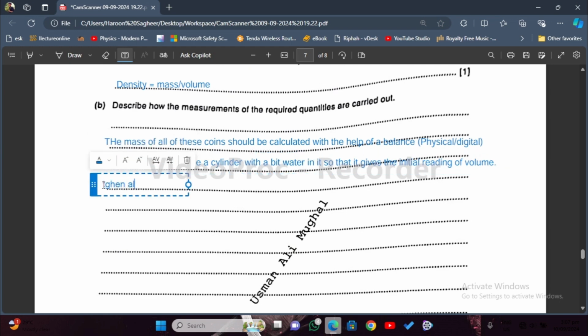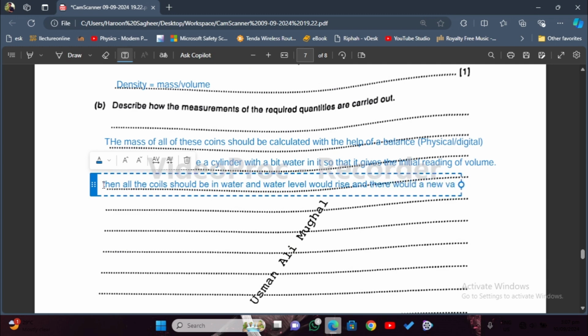Then all the coins should be put in water, and the water level would rise, and there would be a new value of volume. Now make sure when you're writing in the Cambridge examination, don't go really out from this line.